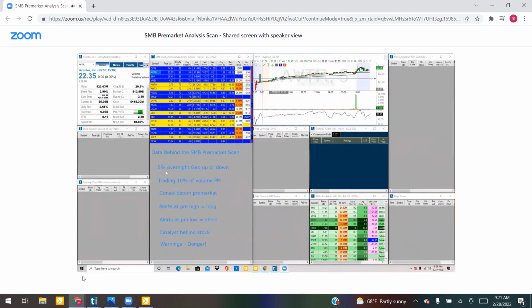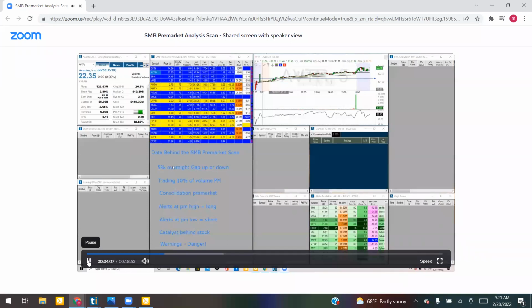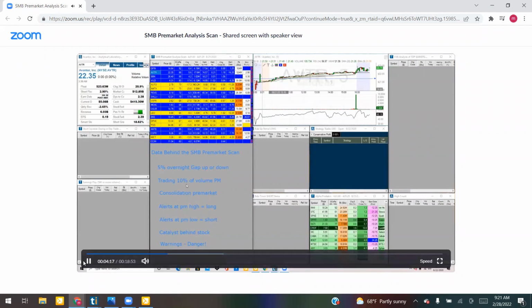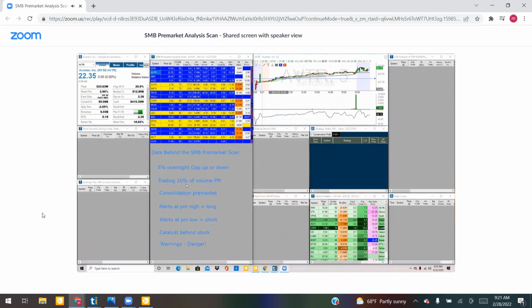But we're looking for at least 10% of their daily volume being traded pre-market. So for instance, if a stock is trading 1 million shares daily average volume, the scan is picking up only those stocks that are trading 10% of that, 100,000 shares, pre-market.